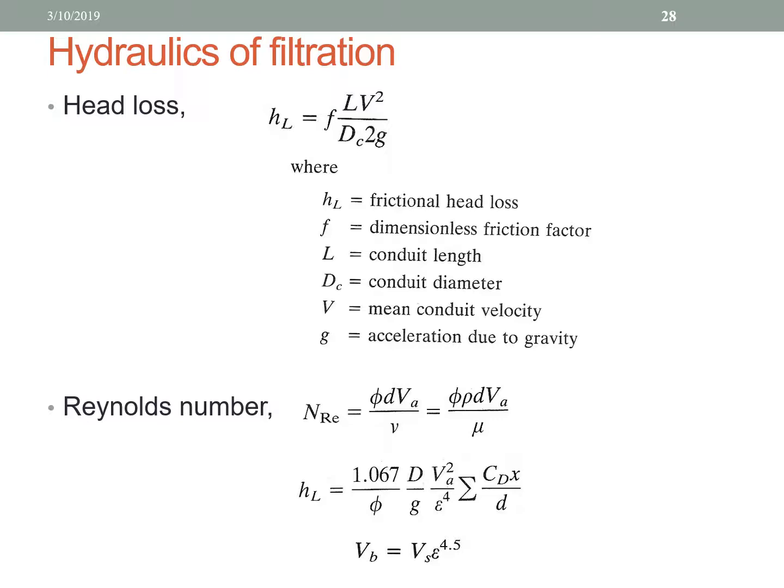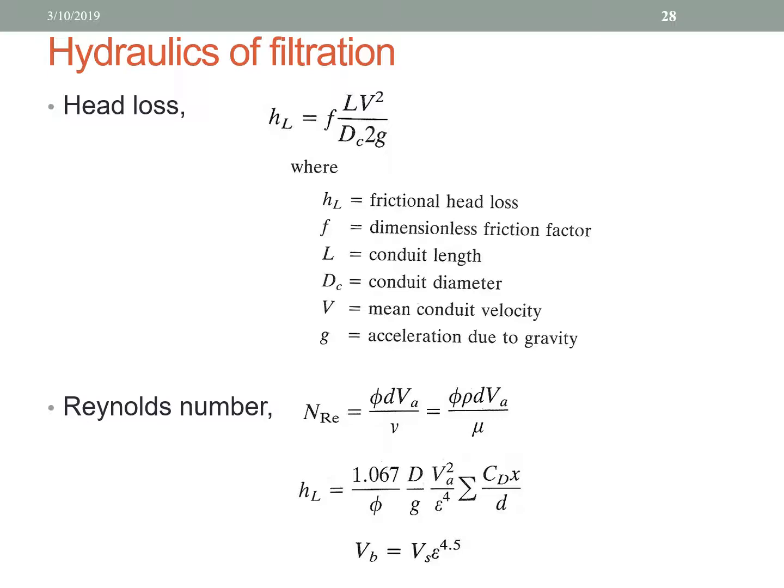If you remember in fluid class, we had Reynolds number equals diameter times velocity over nu. But here we have another parameter, that's phi. Phi is the shape factor of particles, so it will be phi rho d velocity over mu. So you remember these two formulas from the fluid class.